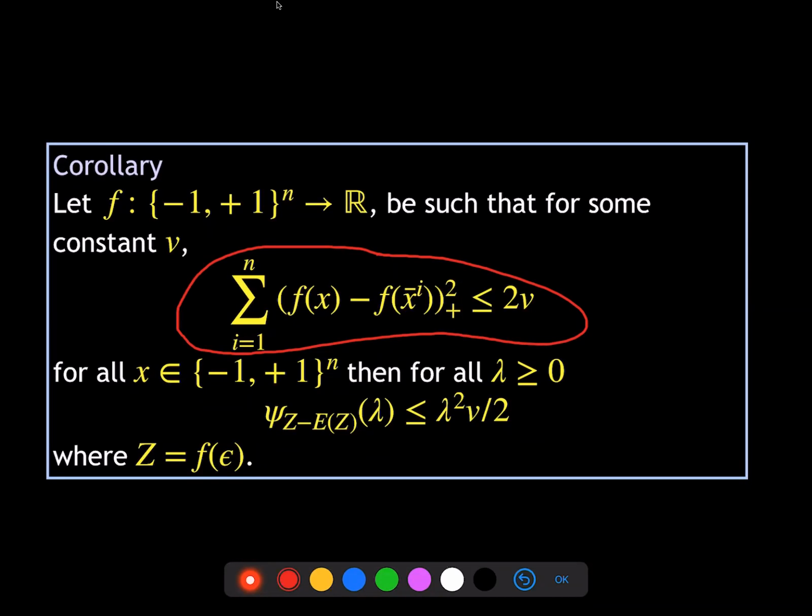What is X bar? X bar has been defined before, but I recall the definition. It's just the original vector, but you flip the i-th coordinate.